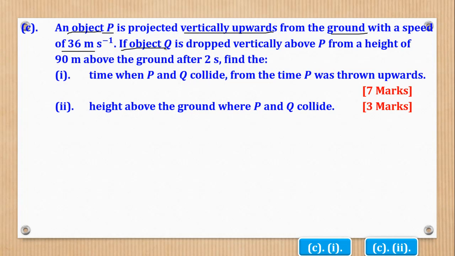If object Q is dropped vertically above P from a height of 90 meters above the ground, after 2 seconds, find Roman 1, the time when P and Q collide from the time P was thrown upwards. Then Roman 2, the height above the ground where P and Q collide. So let's start with Roman 1.